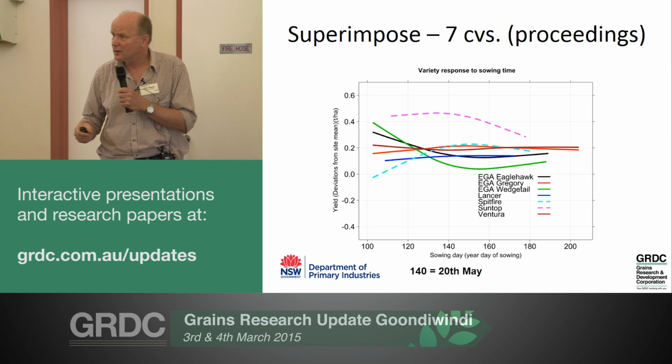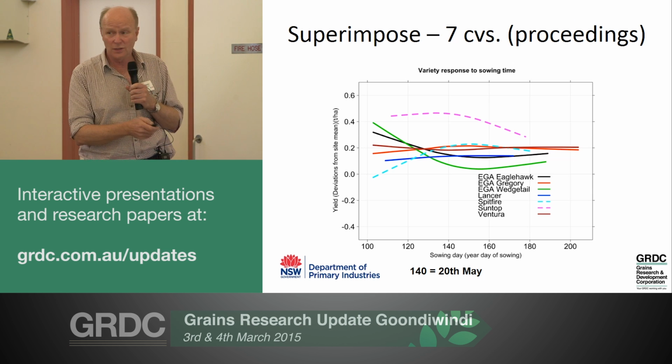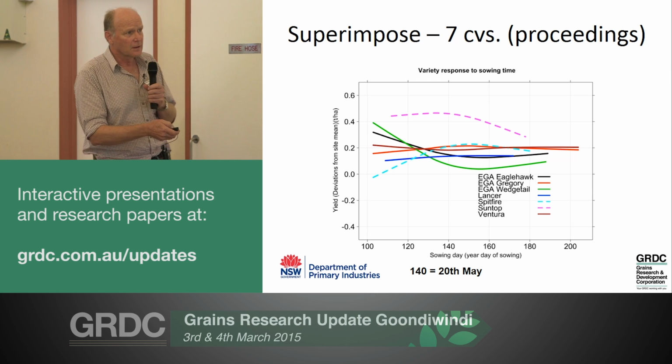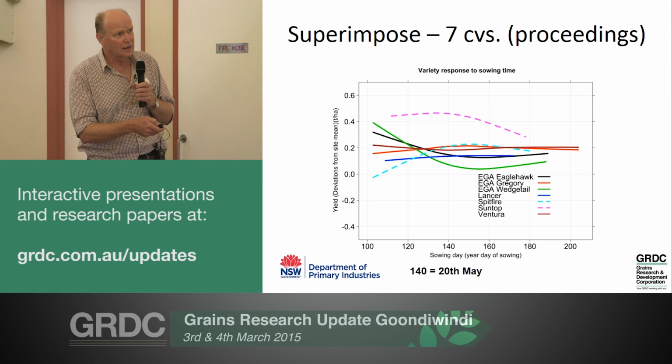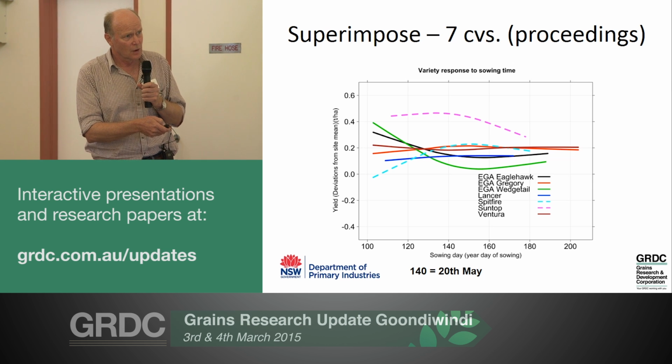By combining the data in some of those previous graphs all into the one graph, you can then get a picture of what's happening. We've got Wedgetail, winter maturity. It's actually much better sown early than late.